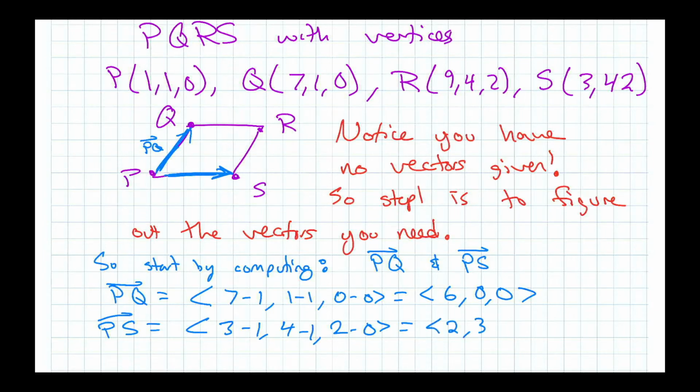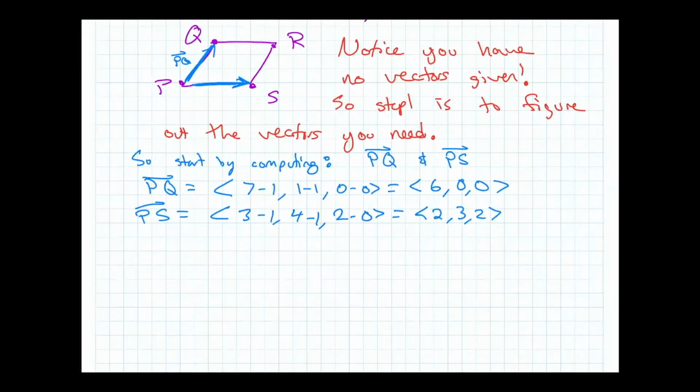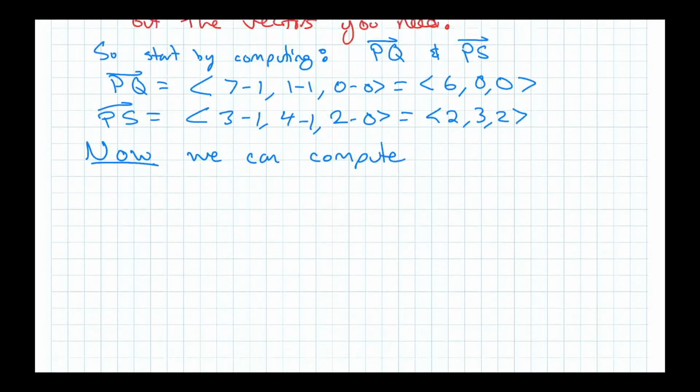We get 2, 3, 2. Yeah. Okay. So you've got those vectors. And now that you have the vectors, we can calculate the area using the cross product. So now we can compute the area using the magnitude of the cross product.